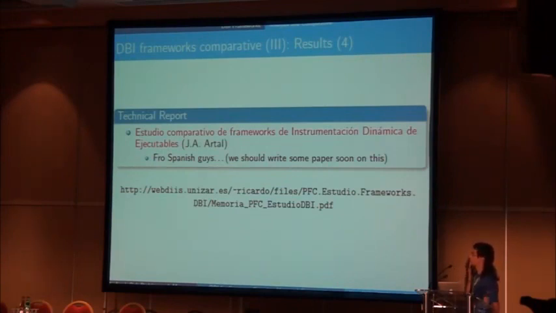I'm sorry to say that it's in Spanish. We should write some paper on this soon, but I don't know. Anyway, you can use Google Translate or just ask me. You can download it from here.